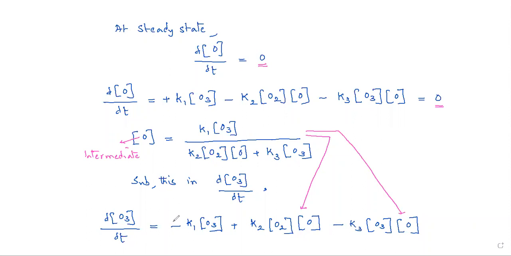And as you remember, the first and third steps are those in which O3 is reacting, whereas in the second step, it is being formed. So everything is going on smoothly. You be a little cautious.